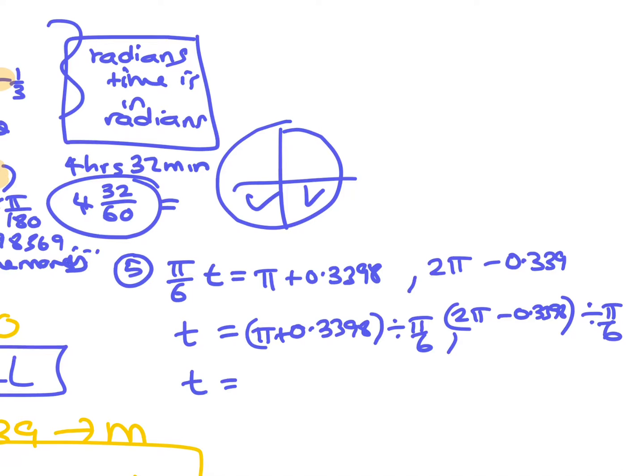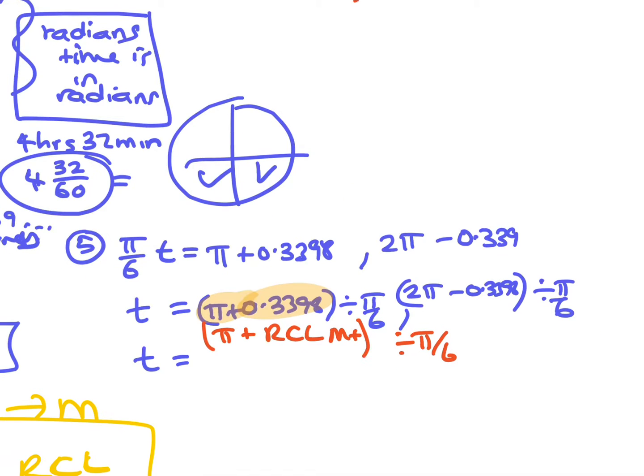So when you're putting this in, because you've got the value in memory, you want to get that back. So you just do your pi first, and then you go plus, recall M+, and that's all in brackets, divided by pi on 6.